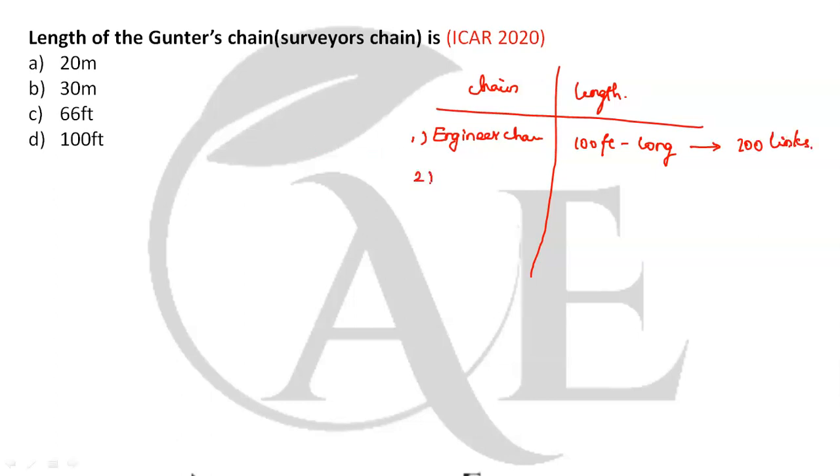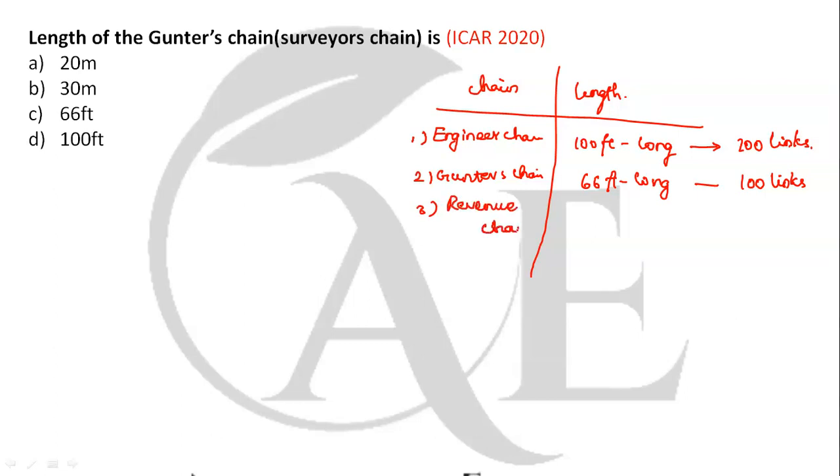In Gunter's chain, which is nothing but the surveyor's chain, it is 66 feet long and divided into 100 links. In the same way, the revenue chain is 33 feet long and is divided into 16 links.